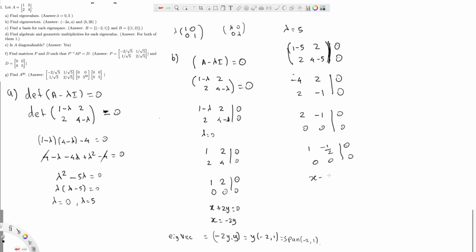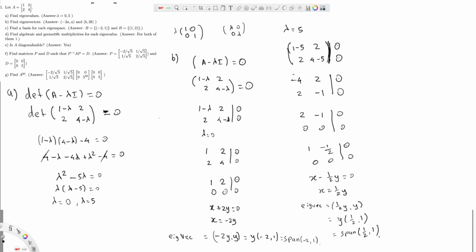Therefore x minus half y is equal to 0, so x is equal to half y. Therefore, the eigenvectors are half y comma y. If I take y common, it's half comma 1, and I can write this as the span of half, 1. So these are my eigenvectors.